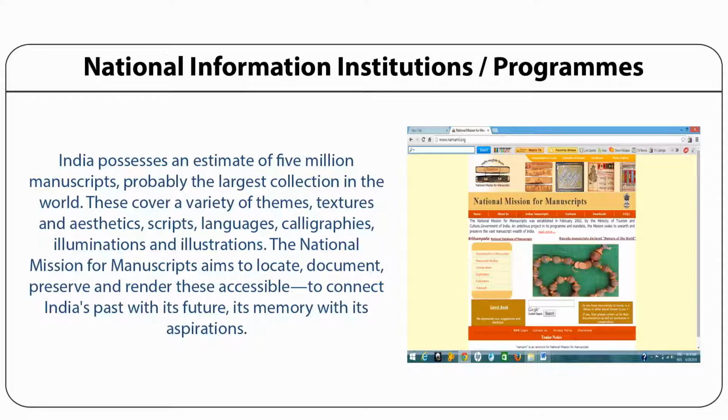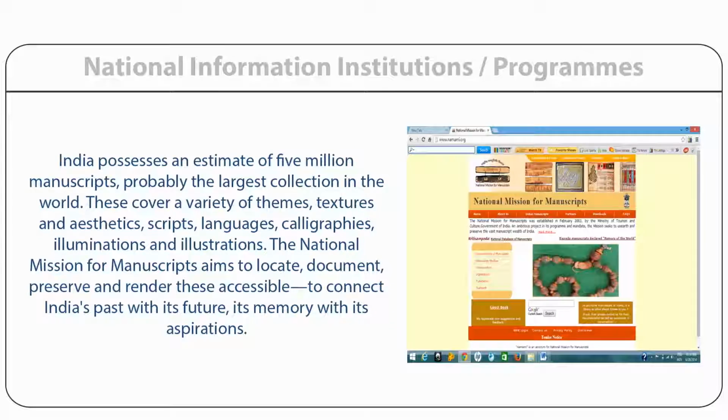The primary role of the National Mission for Manuscripts is to locate, document, preserve and render this accessible, to connect India's past with its future, its memory with its aspirations.